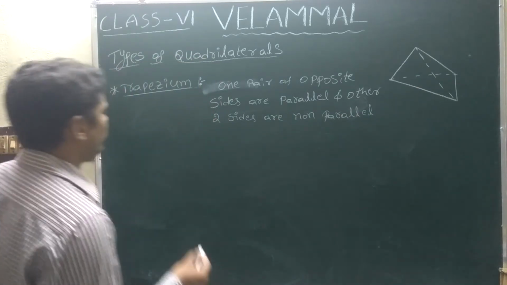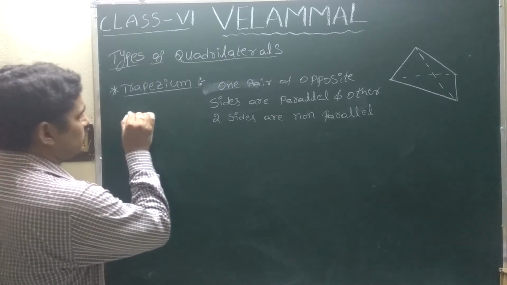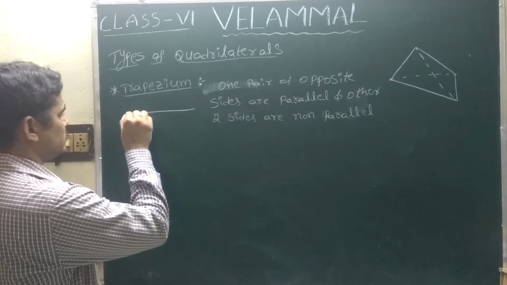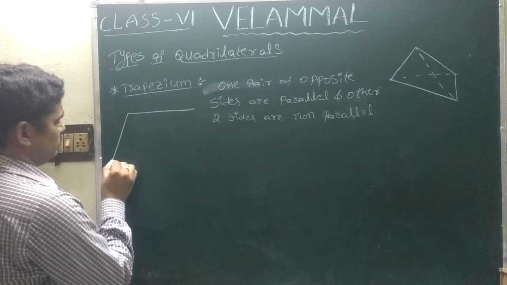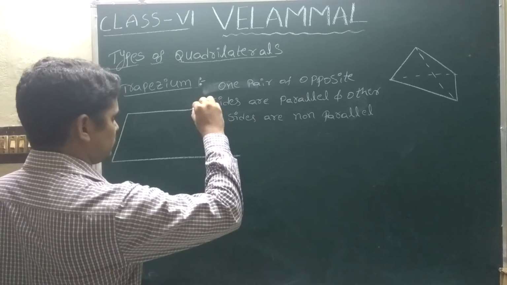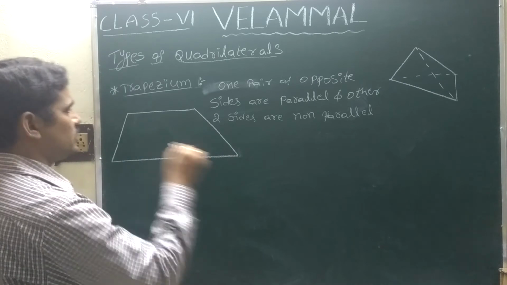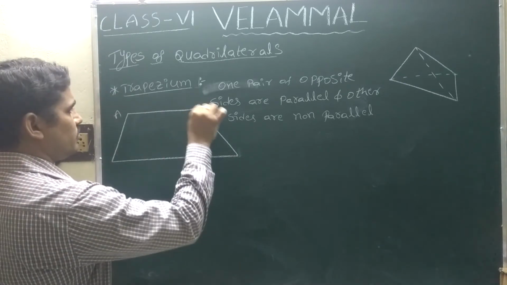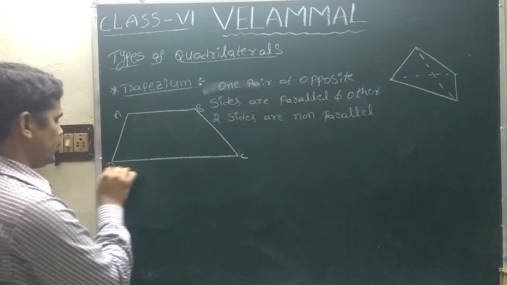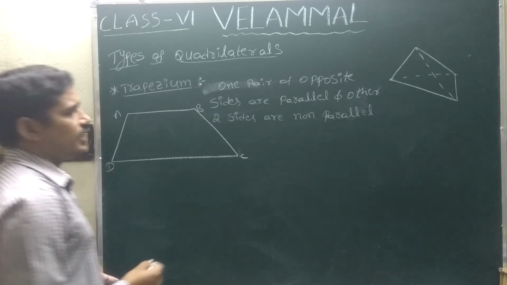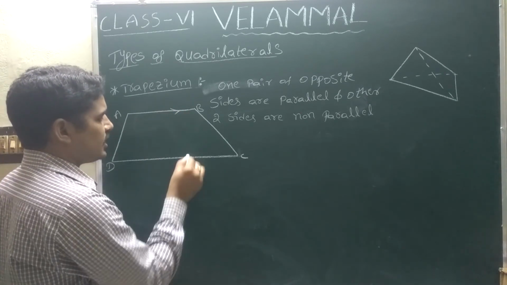So for that, if we are taking the diagram, see this is A, B, C, D, and these two sides are parallel.